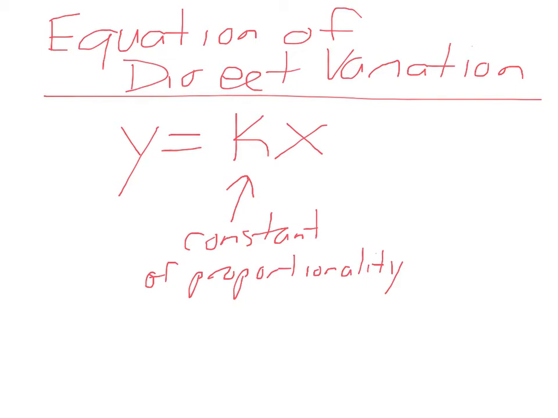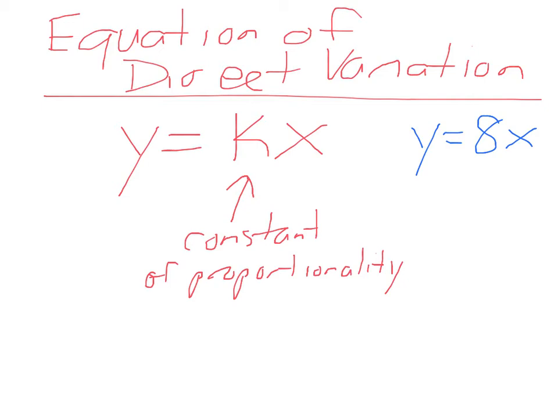Yes? So if I gave you the equation y equals 8x, what is the constant of proportionality here? 8. It is also the slope of the line. So if I had graphed y equals 8x, 8 would be the slope, how steep the line is. Simple enough? Yeah. Okay.